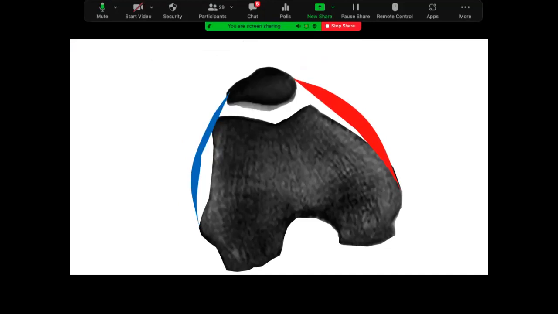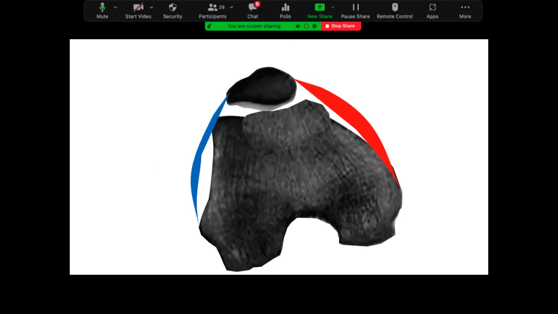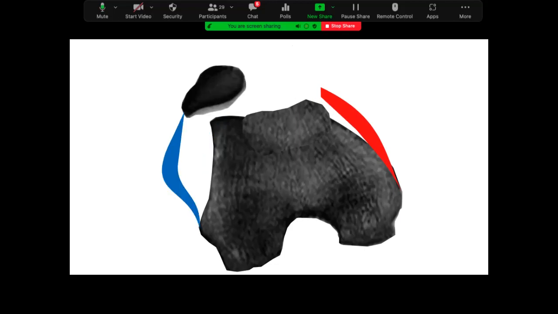We repaired or reconstructed that MPFL, then the patient was normal. But in the second case, it was trochlear dysplasia, and the patella dislocated. What we did was reconstruct only the MPFL. We did not address the trochlear dysplasia. And then what happens? Abnormal bone, and the patella dislocated again.